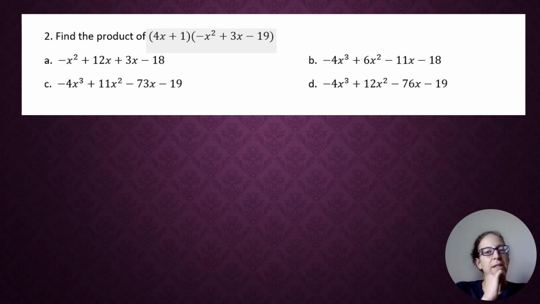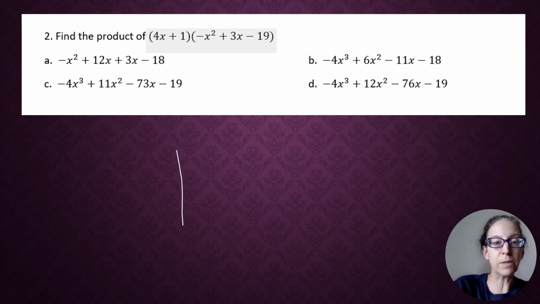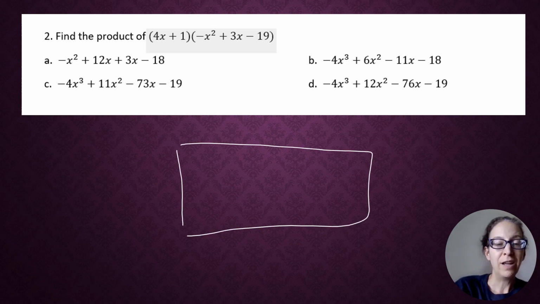That'll work, but it's going to take you a long time. So even though Desmos is a valid strategy for a lot of these, it's not always the best strategy. This one is probably quicker if you just multiply it out.